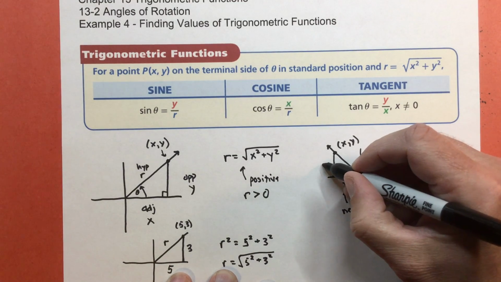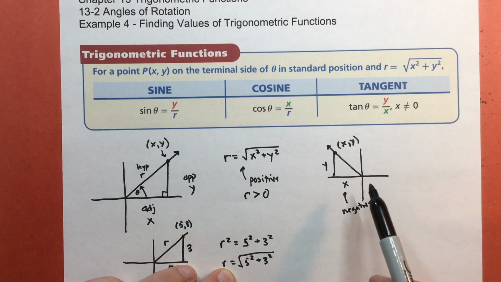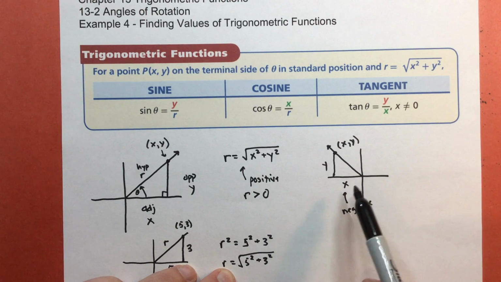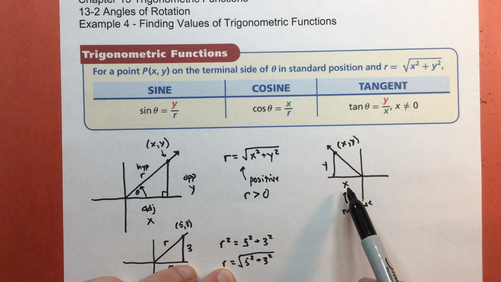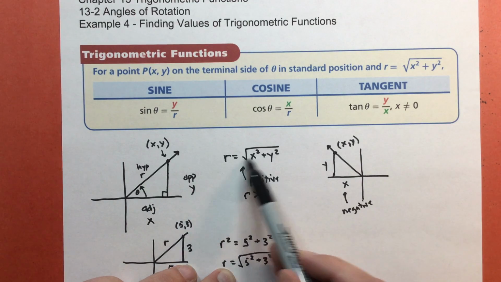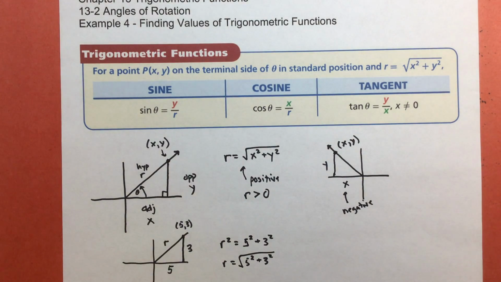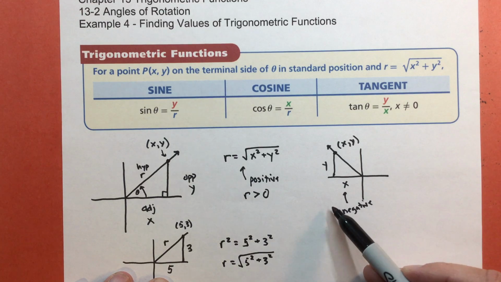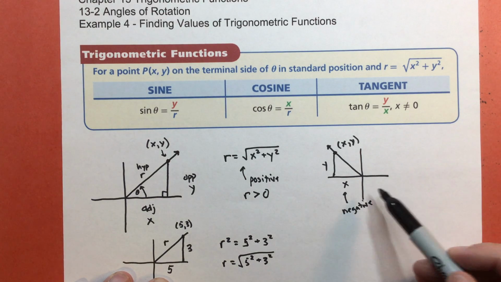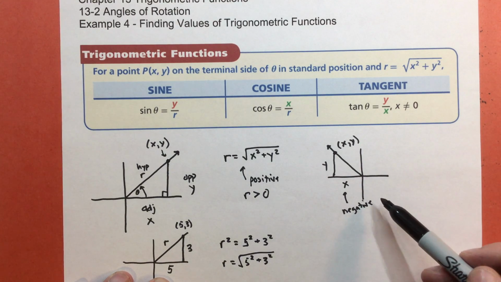The y is still going to be positive, and to find r, I would take whatever x is and square it. That becomes positive, a negative times a negative is a positive. This would still be y squared, still positive, and I'm still going to use the same formula. If I'm in quadrant 3, both the x and the y are going to be negative, and if I'm in quadrant 4, the x is going to be positive and the y is going to be negative.